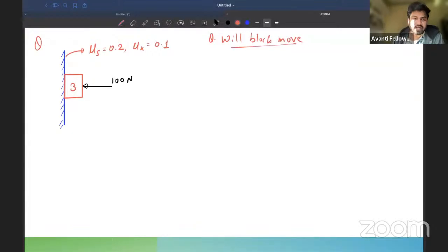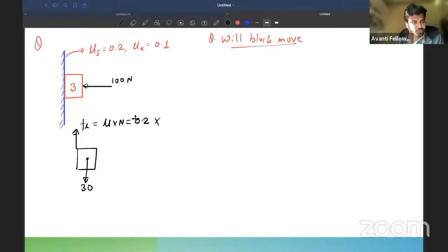So brother, look again, we will make the FBD. FBD means free body diagram. In the free body diagram, downwards is 30, that is 3g, gravity is pulling downwards, and friction will act upwards. Now we have to check how much limiting friction force can act, how much it can be maximum. Okay, so it is again mu into N. Mu is 0.2, we take static because it is at rest, I am assuming that.